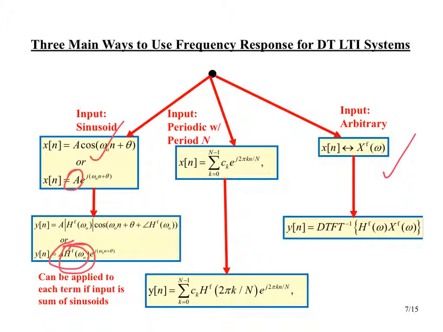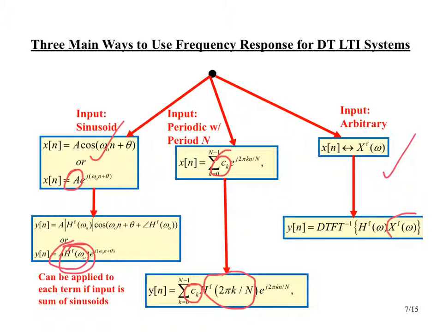We see the same thing happening here. This frequency response is modifying the Fourier series, which is telling us up here what the amplitude and phase is of each sinusoidal component. And then the same thing over here.